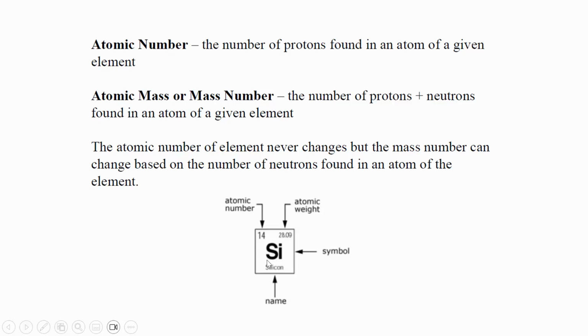Now for silicon, most of the atoms have 14 neutrons, and so most of them have an atomic weight of 28 atomic mass units. But there are some atoms of silicon that have a greater number of neutrons, and so the average atomic weight is a little bit heavier than 28.